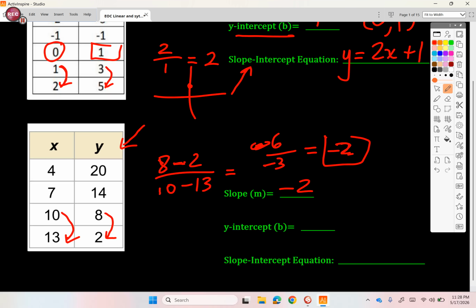Now, because we don't have a 0 y value here, we have to write y equals mx plus b and plug in any x value you want from your table. So I'm going to pick a random one here, 10, 8.